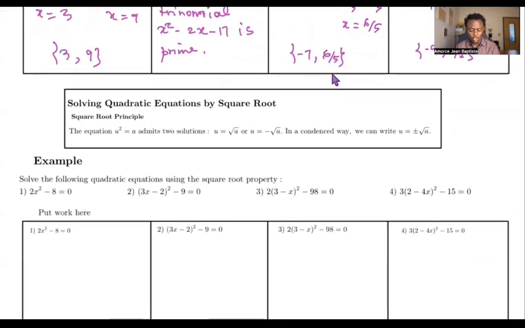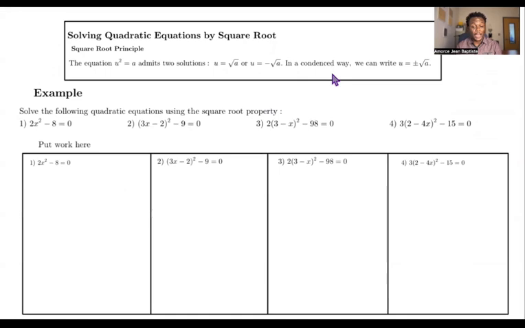Now, let's see how to solve quadratic equations by the square root property. If I have u squared equals a, that's the square root property, this equation admits two solutions, not just one.